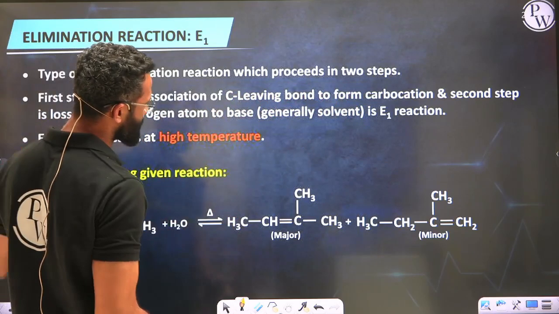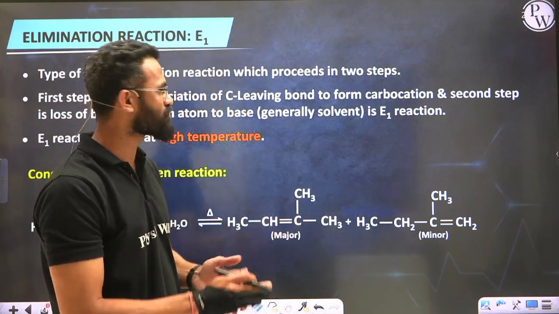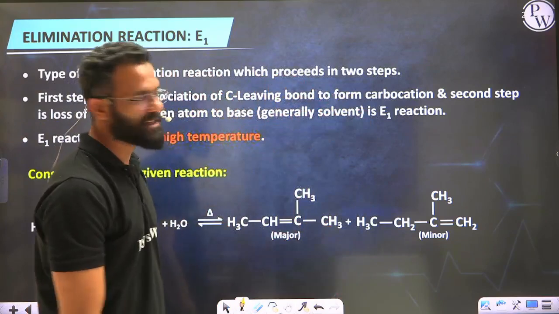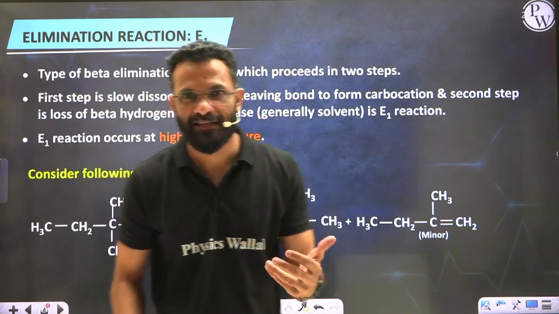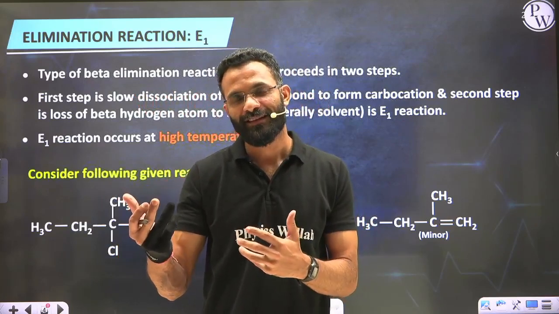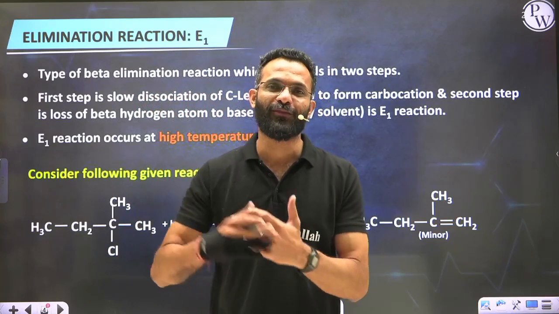As we have seen, in SN1 the solvent itself was acting like a base. Here as well, the solvent itself will act like a base. Several times it happens that the nature of the substrate, the nature of the base, and the solvent will look exactly similar to those of the SN1 reaction.